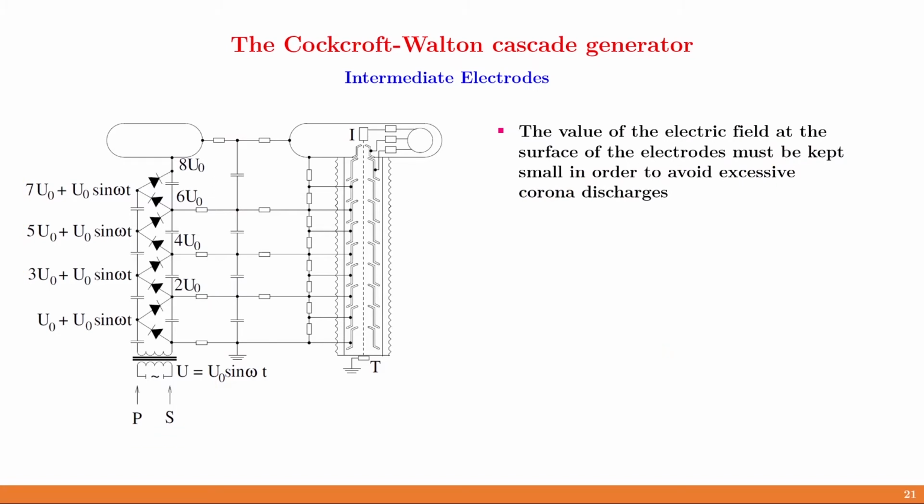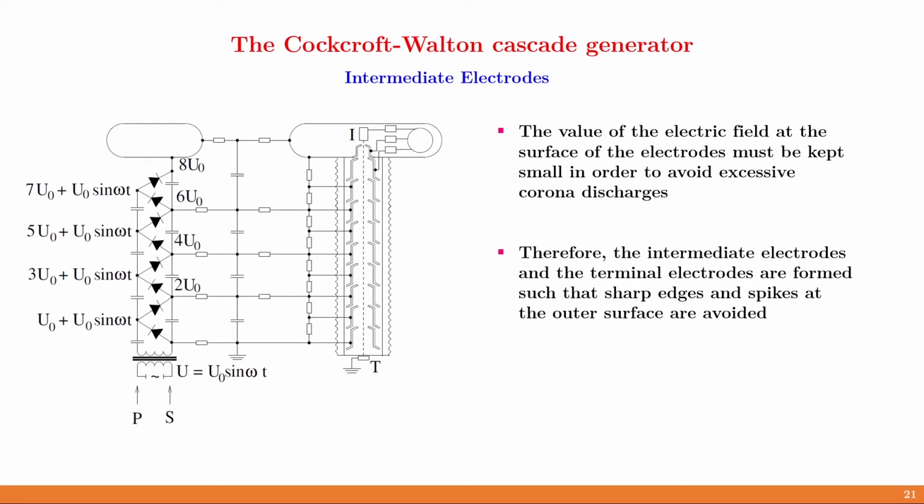The value of the electric field at the surface of the electrodes must be kept small in order to avoid excessive corona discharges. Therefore, we use intermediate electrodes and terminal electrodes that are formed such that sharp edges and spikes at the outer surface are avoided.